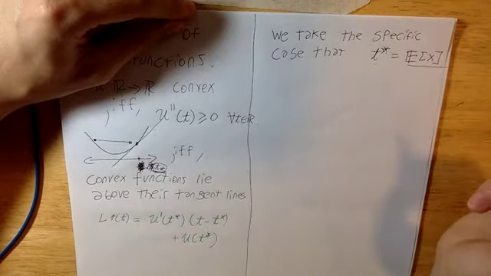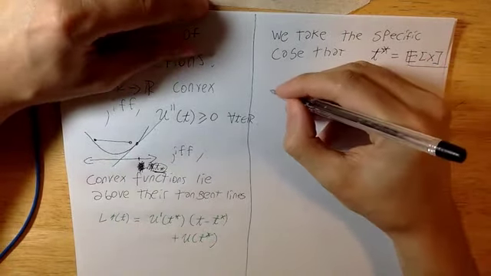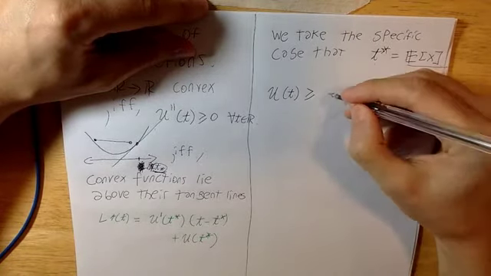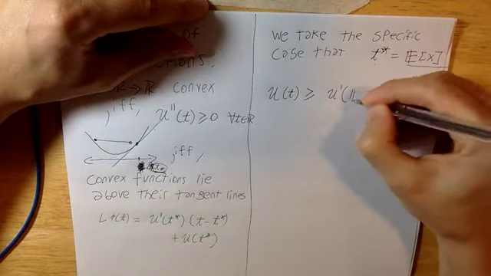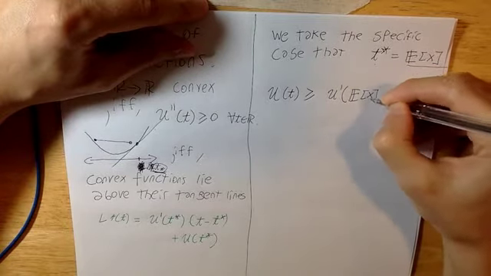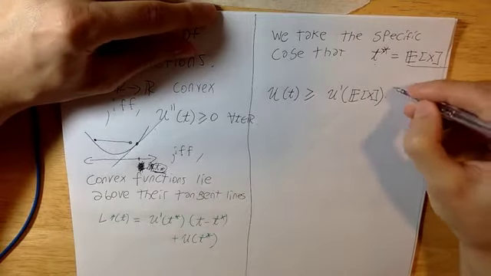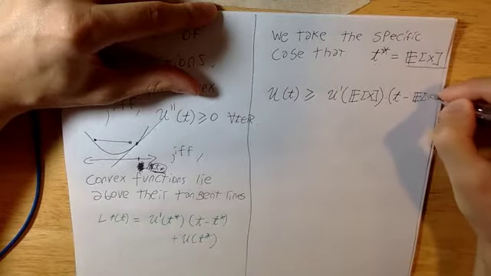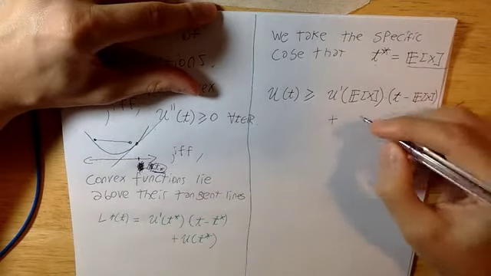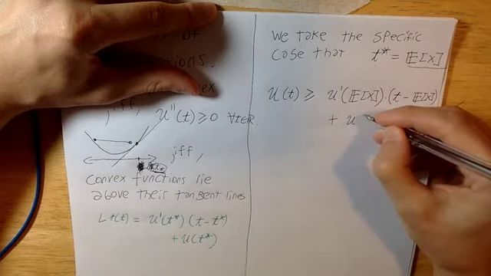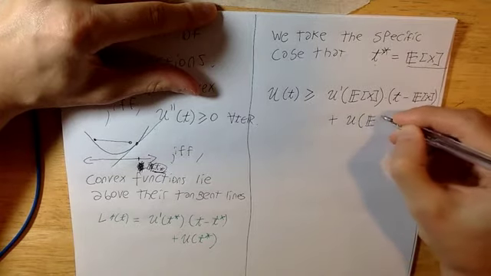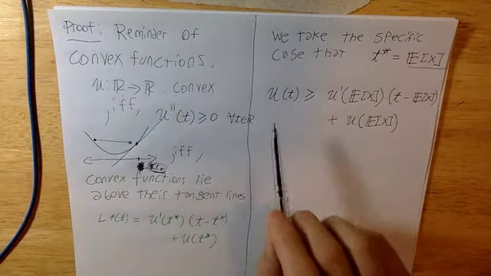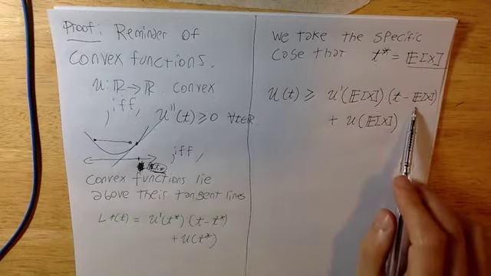So then what we get is that U of T is bigger or equal than U prime evaluated at expectation of X times T minus expectation of X plus U at expectation of X. Okay, so now this function is bigger than this function.